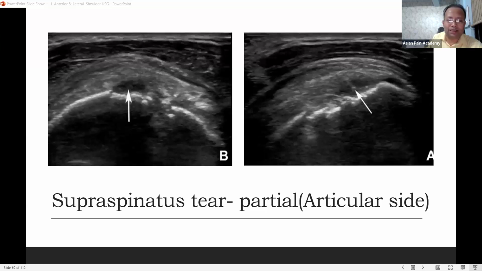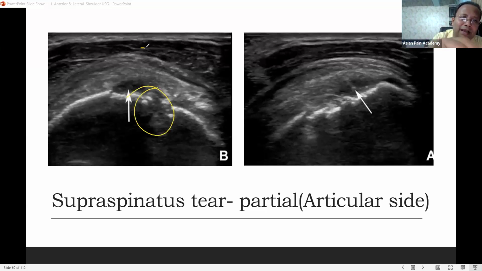Now comes supraspinatus tear. Here, supraspinatus tear and tendinosis are two different things. Tendinosis means there is degeneration of the tendon, whereas tear means there is disruption of the fibers. Now tear can be of three types. One is your articular side.